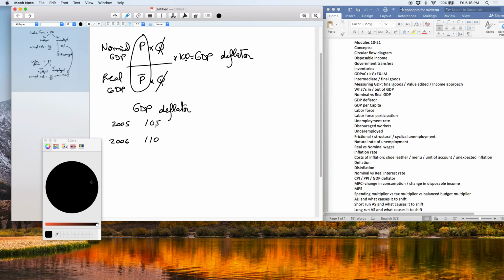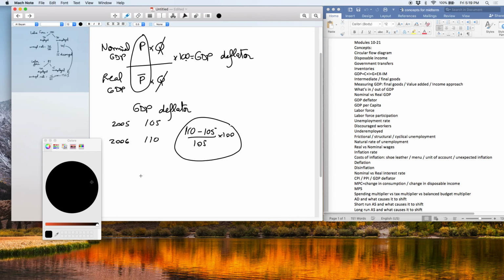So what happened to inflation? Well, we could say that the price level went from 105 to 110. So the inflation rate is 110 minus 105 divided by 105 times 100. That would be a measure of the inflation rate. So in other words, the GDP deflator is one measure of the price level.